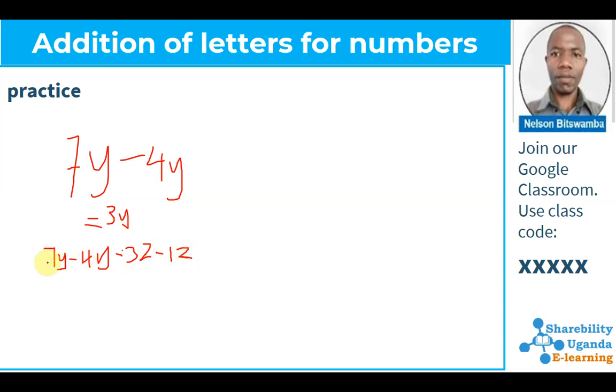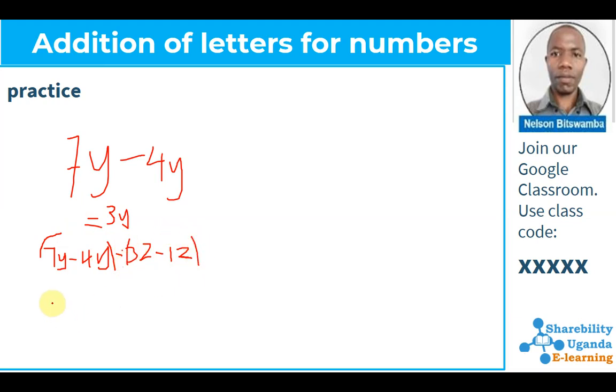So when they tell you to simplify an expression with different letters, what you do is to first simplify those that are of the same letters. We have 7y minus 4y and 3z minus 1z.